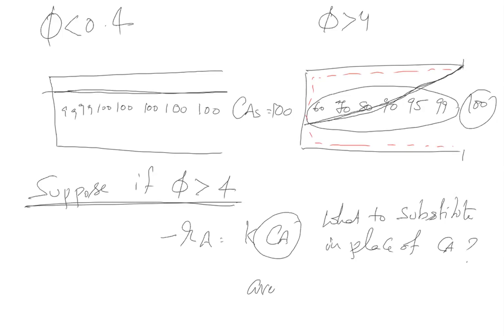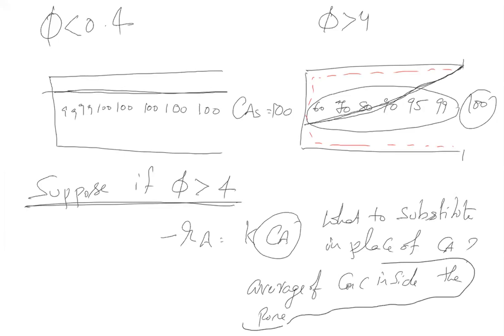So we have to substitute the average concentration inside the pore. If phi lies between 0.4 and 4, then it is the transition region.